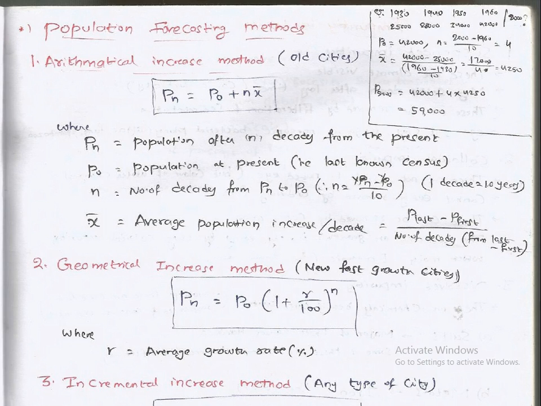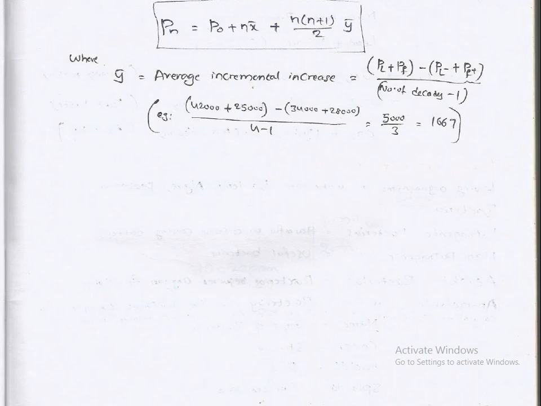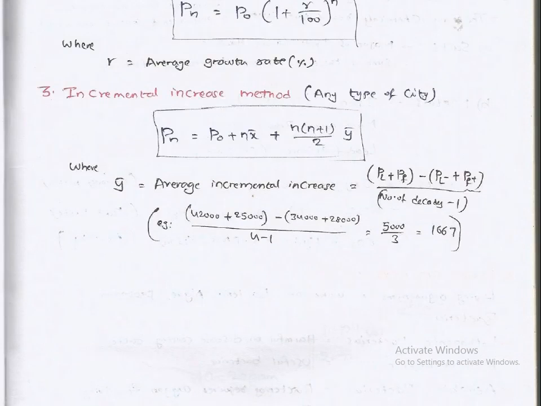Geometric increase method, for new fast-growing cities: Pn is P0 times 1 plus R upon 100 to the power n, where R is the average growth rate percent. Incremental increase method, for any type of city: Pn is P0 plus n x-bar plus n times (n plus 1) upon 2 times y-bar, where y-bar is the average incremental increase, (PL minus PF) minus (PL minus PF) upon number of decades minus 1.